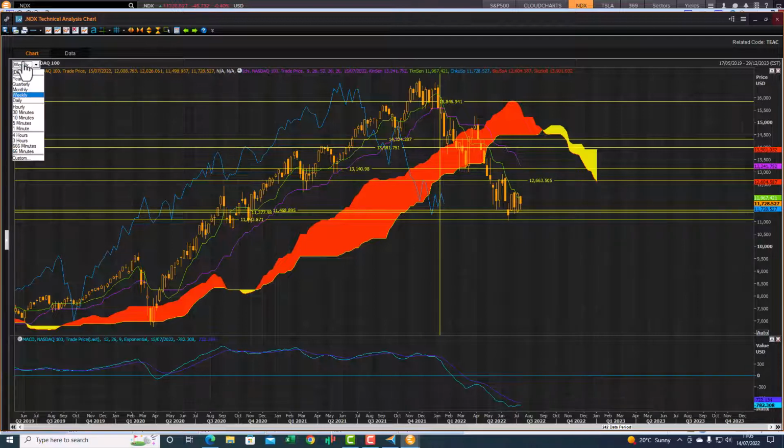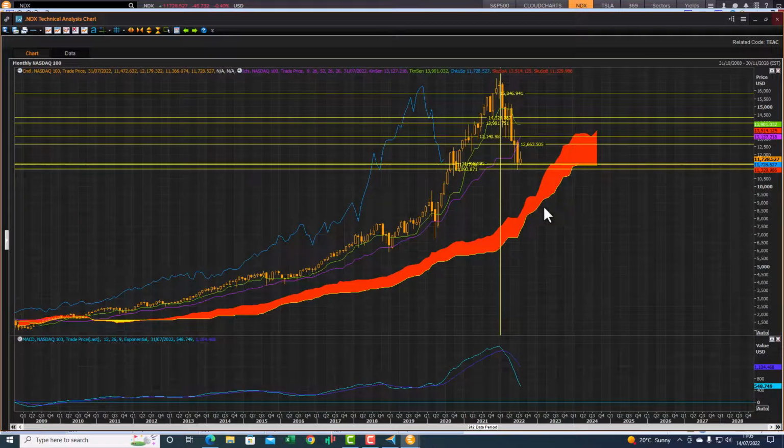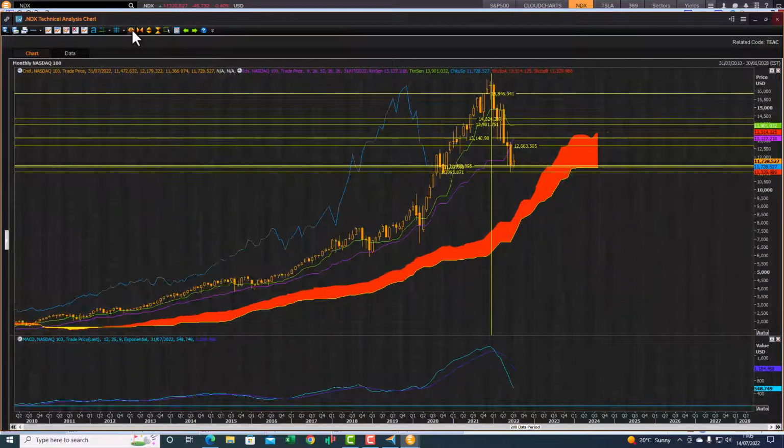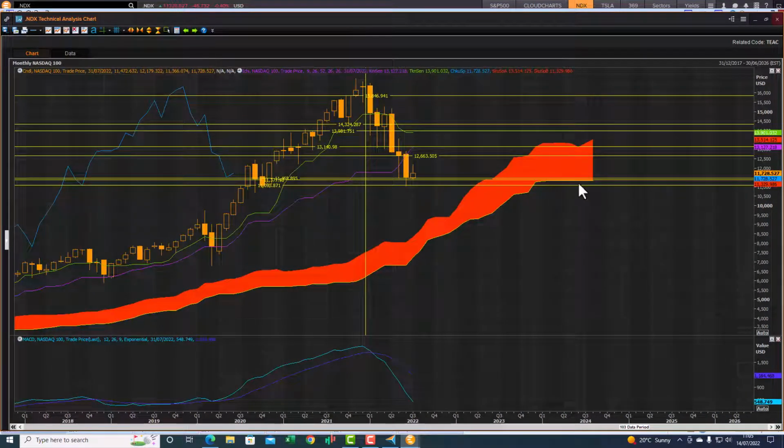Now what's interesting on the monthly Ichimoku cloud, we can see they're fighting for support at this front cloud support zone. So it's quite a significant level. If the Nasdaq loses support at this level, then we could easily see these levels of 9,500. So there's significant downside risk to these support levels if support fails at this front end cloud chart support zone.